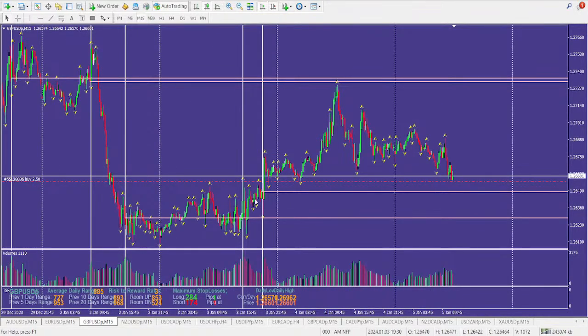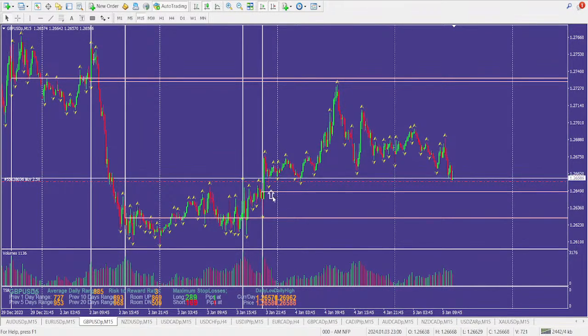So we have price did push up off the demand level over here. At this point, we had price pushing up off the demand level. Okay, came all the way up, did not test the supply level over here. Barely missed it.